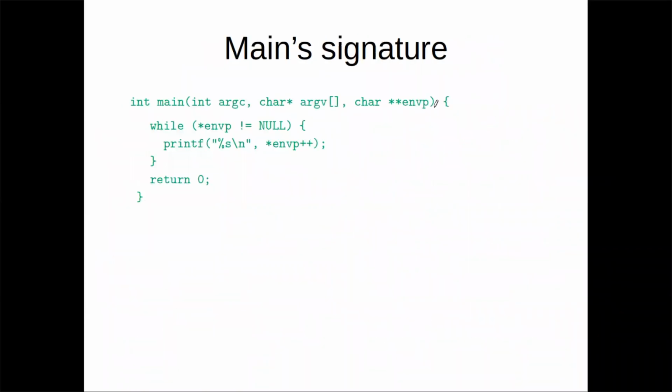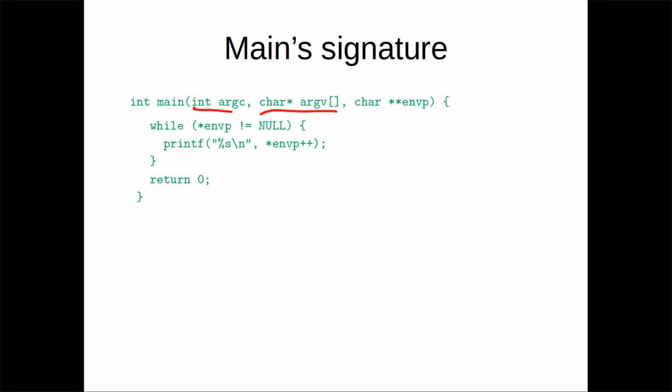So remember that in C and C++, the signature of main is actually this. So main takes 3 arguments. It takes argc, an integer, which is the number of elements in this second array, which is an array of pointers, argv, right? So you can pass a number of command line arguments, like you said.